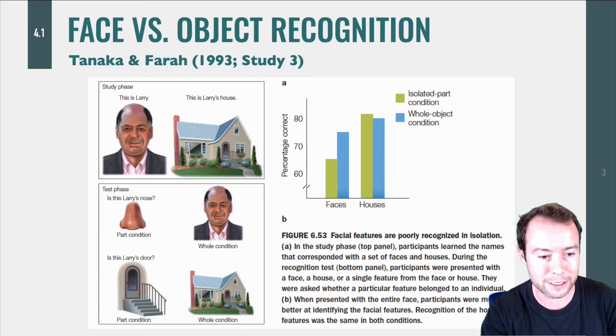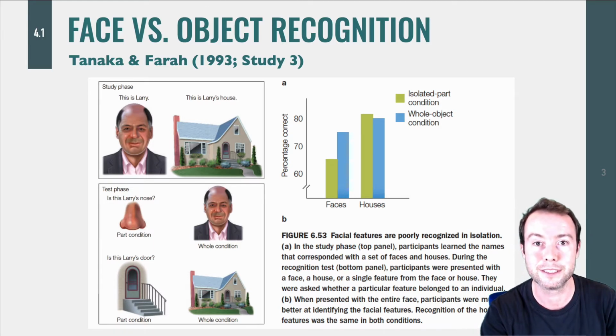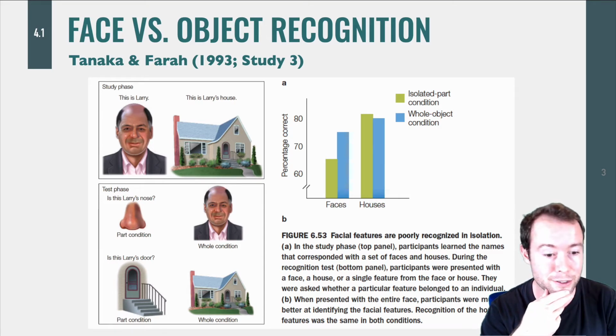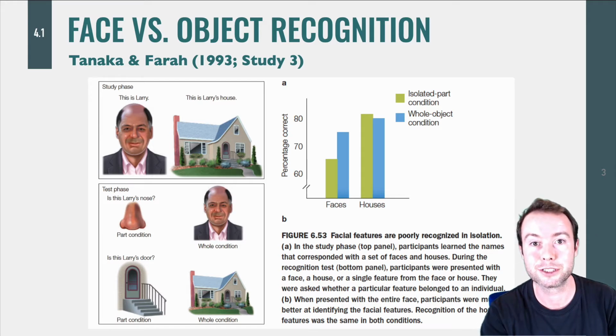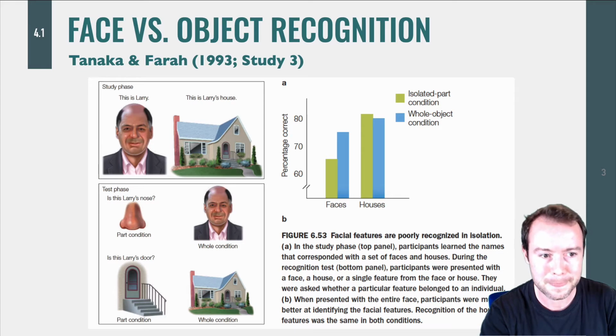In the part condition you might see just Larry's nose, and you've got to say, is this Larry's nose? Or in the whole condition you get his entire face. In the part condition for the houses, you're just shown the doorway and you've got to answer, is this Larry's door? Or you get presented the entire house that you've looked at before.